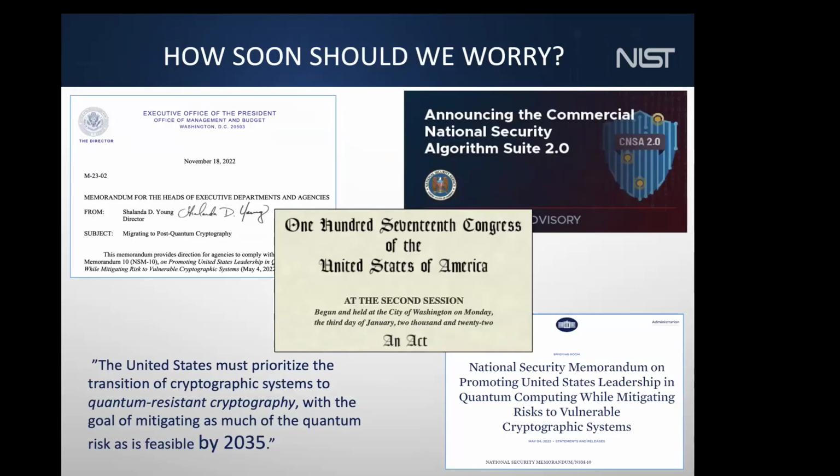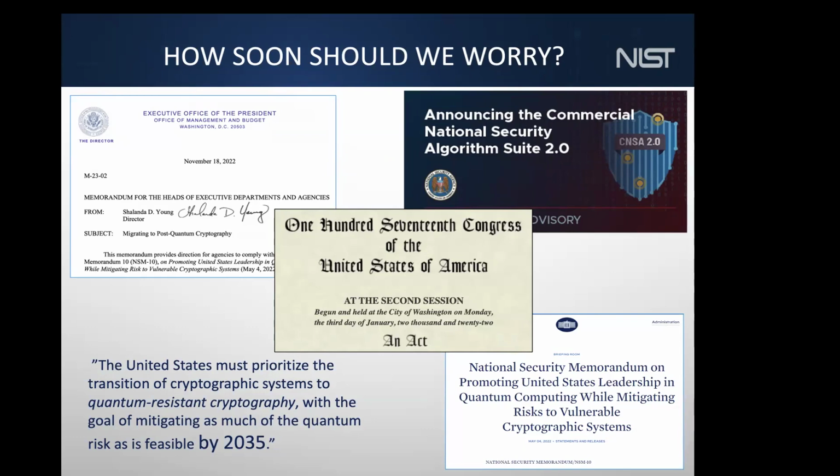To underscore the seriousness of this, the United States government has been taking actions over the past few years. There have been some national security memos put out from the White House. Those were followed up by a memo from the Office of Management and Budget that gave some detailed steps that federal agencies needed to comply with to begin the transition to algorithms that would protect them.